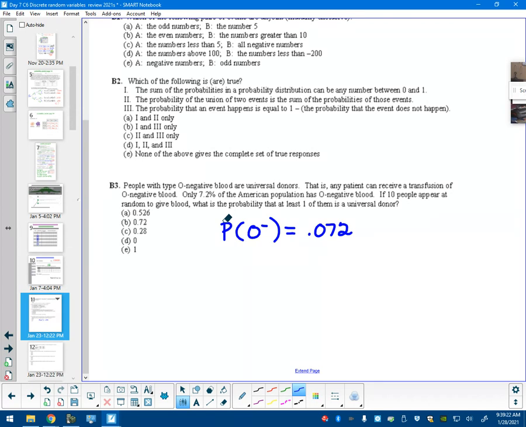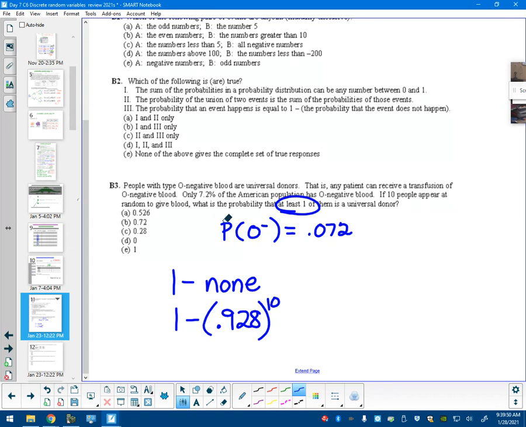Okay. The easiest way to do an at least problem is to do 1 minus none. Because trying to figure out one person having it out of the 10 and then how many different ways can 2 and 3, it's a nightmare, and we'll discuss that next week. So this is 1 minus 0.928 to the 10th power.